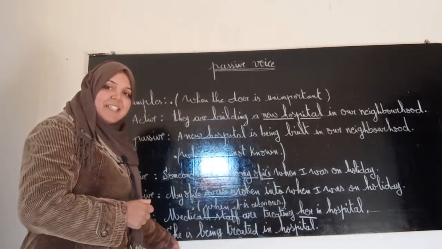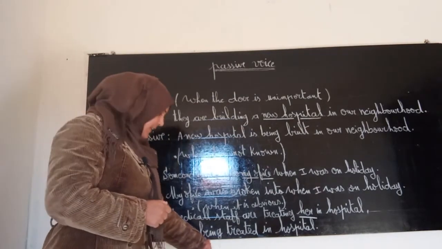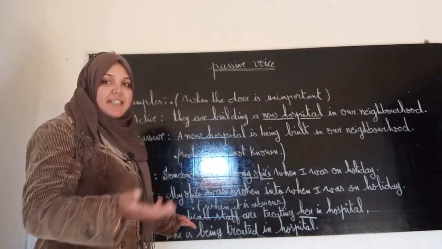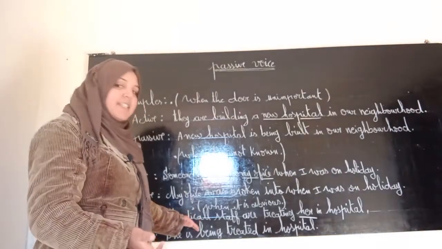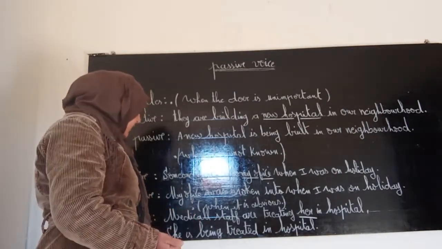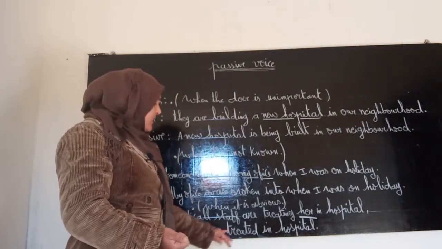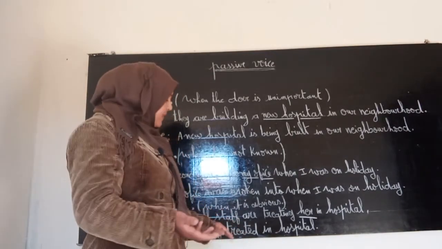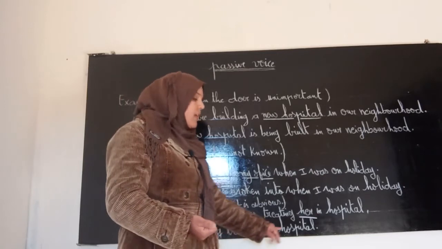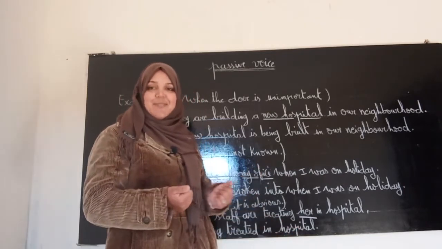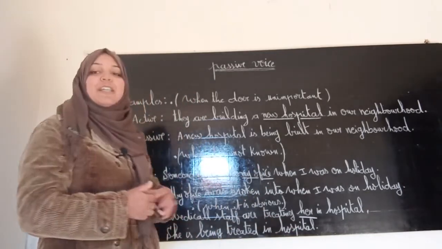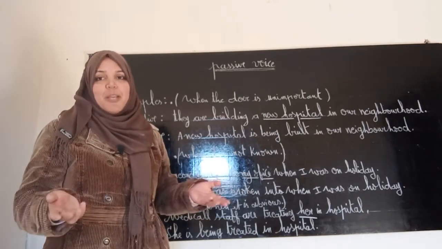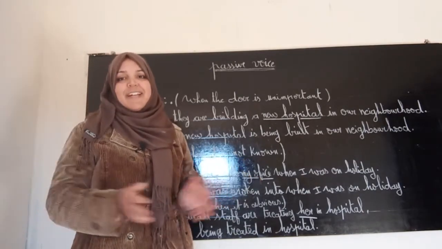So she is being, because this sentence is in present continuous. The active sentence is in present continuous, that's why. She is being treated, okay? Treat in past participle becomes treated. In hospital, okay, right? We don't need to mention the doer because it is obvious, okay?